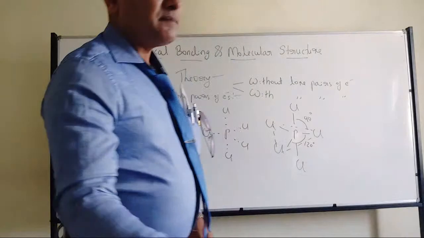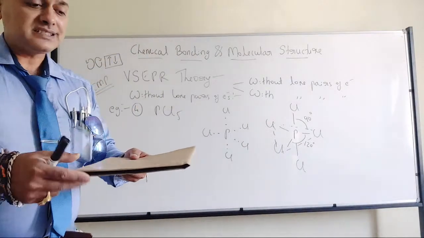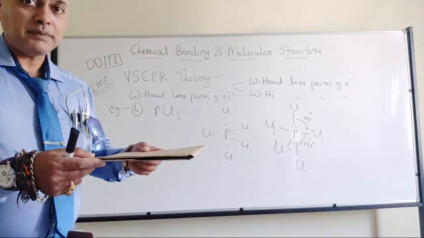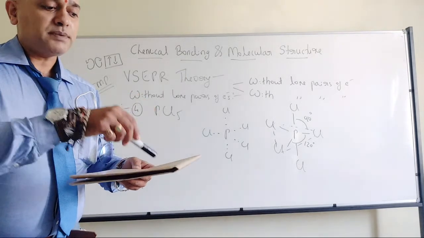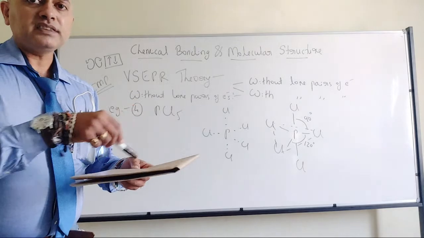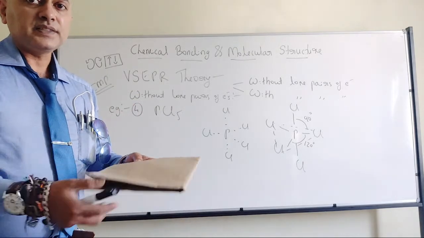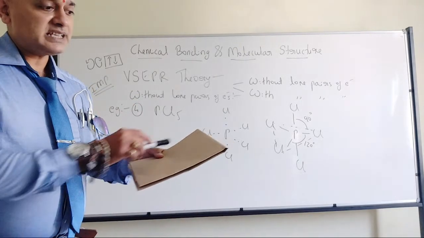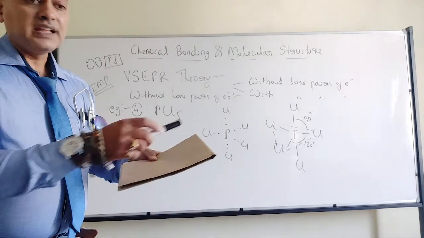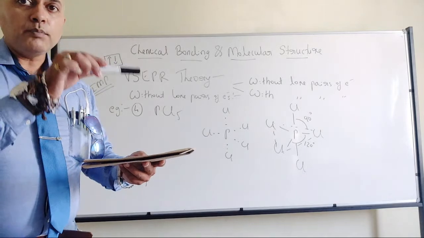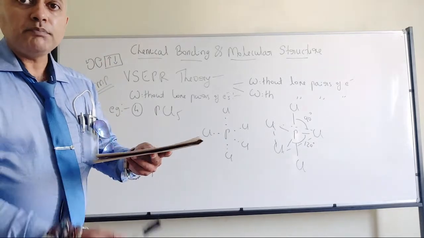In the sense, if I take this paper as one plane, in this paper 3 chlorines are present, and 1 chlorine will be above and 1 chlorine will be below.